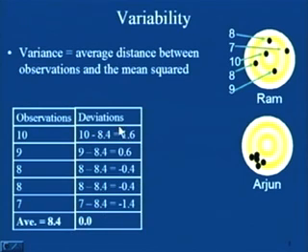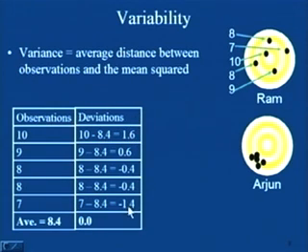These are the deviations. 10 minus 8.4 means observation minus the mean. So, all the deviations from the mean values have been calculated, and since we are calculating variance, this is the average distance between observation and the mean, squared.